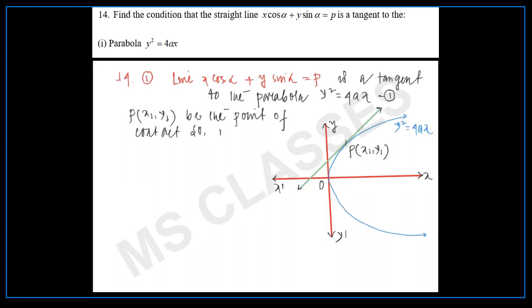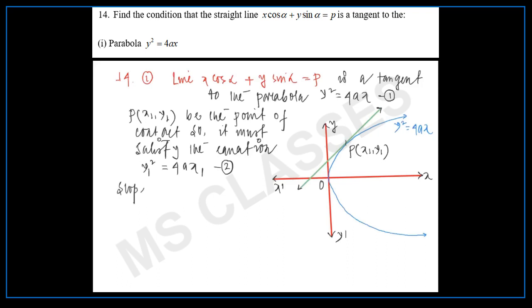So, it must satisfy the equation. So we get y1 square equal to 4ax1. Now after this we find the slope of the tangent at this point.